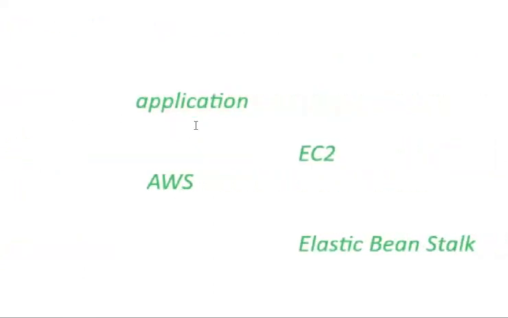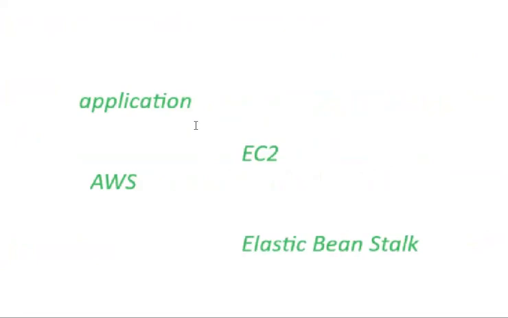Now I have an application and I want to deploy it in my cloud. Till now I know only EC2, a service on which I can host my application, and Elastic Beanstalk.